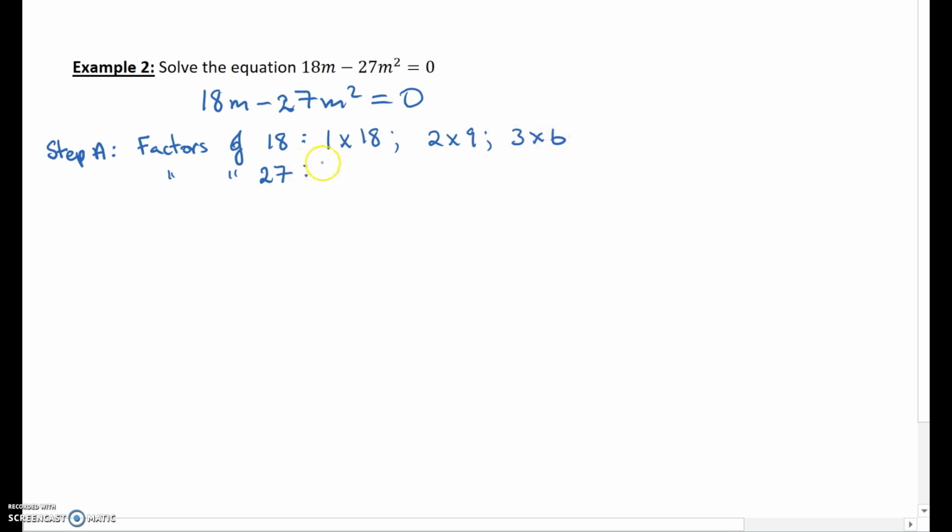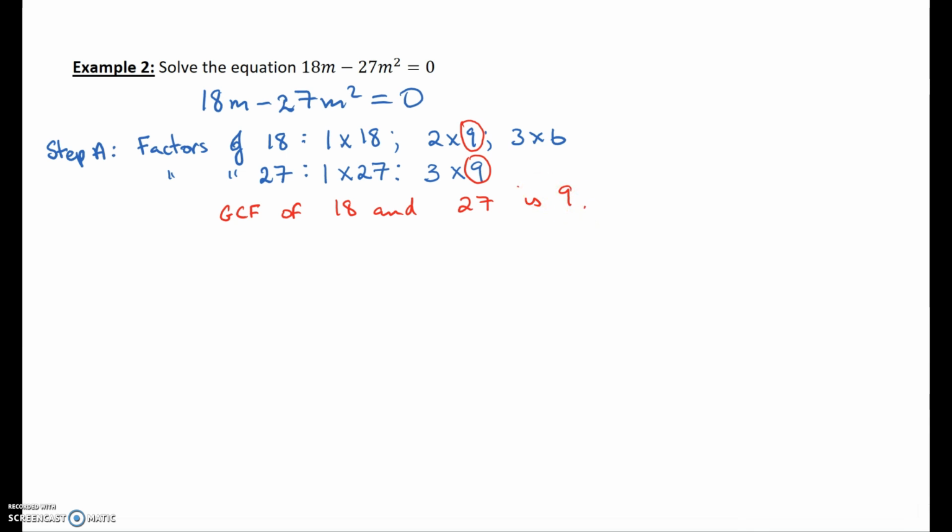For 27, the factors of 27 are 1 times 27 and 3 times 9, and that's all we have for 27. The biggest number that appears on both lines is 9. So the GCF of 18 and 27 is 9.